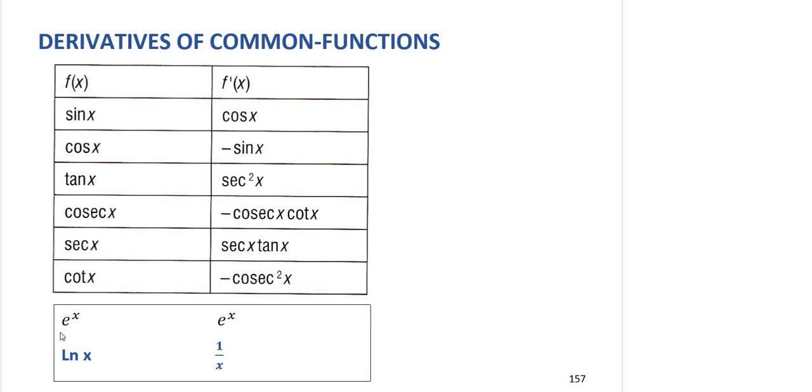Very interesting, the derivative of e to the x remains e to the x. And the derivative of ln x is 1 over x. At the end of last semester, we did the e and the ln function. So, very important functions. The derivative of e to the x is e to the x, and the derivative of ln x is 1 over x. So, you need to know this, or to be able to use this.